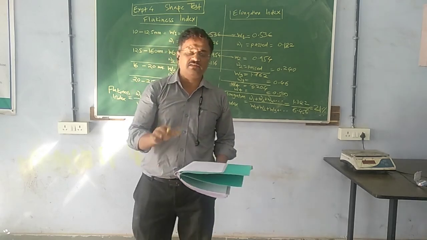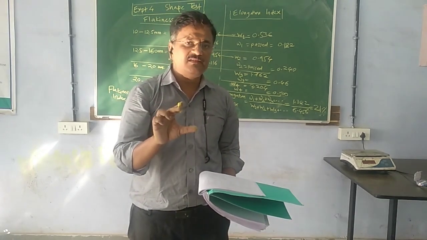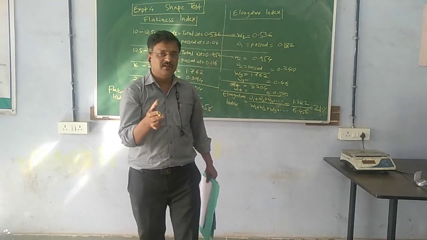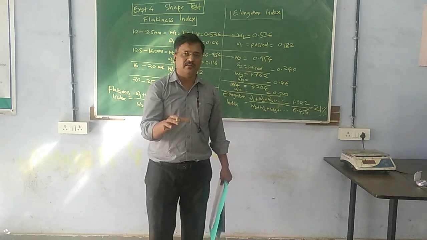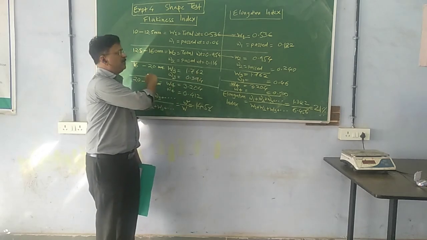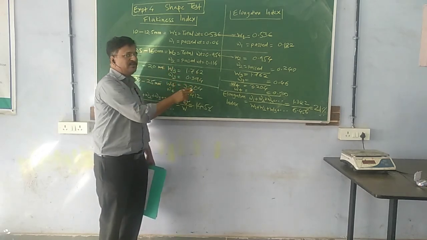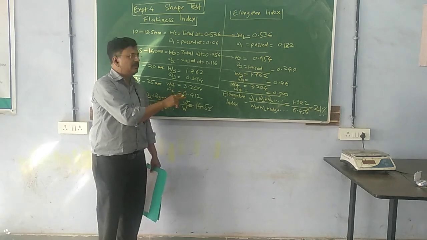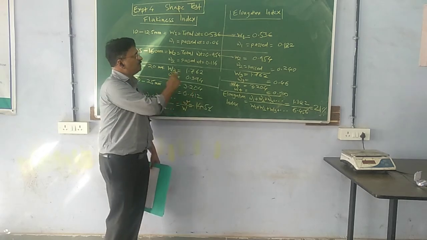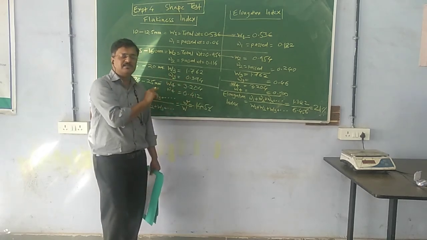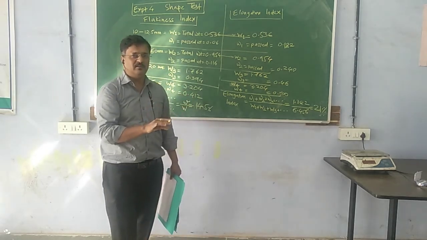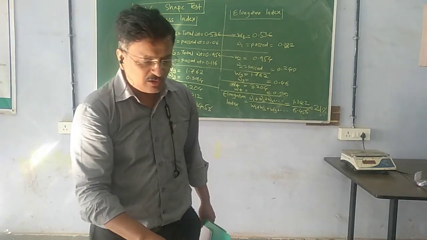Now, the criteria for selection of such particles for bituminous and non-bituminous roads: if the elongation index is more than 50%, this aggregate should be rejected. And by looking at both parameters, if the sum of both is not more than 30%, then we can accept these particles as road construction material. If the sum of elongation and flakiness index is more than 30%, the whole sample should be rejected.